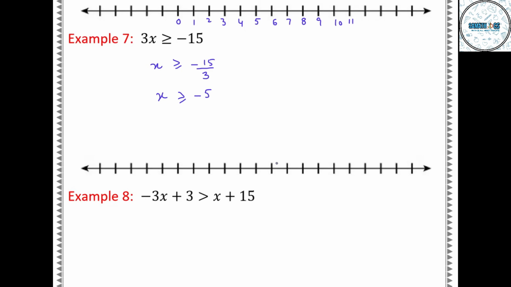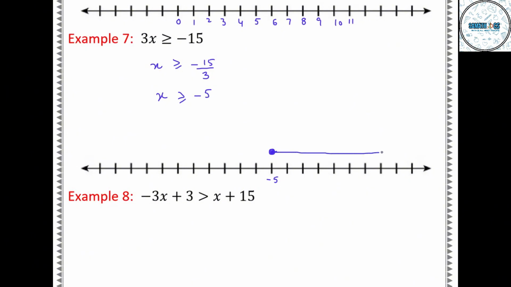Then if we have to show it on the number line, we will mark minus 5 in the center. We will draw a circle, and the circle is to be shaded as well. The direction of the arrow is towards the left.